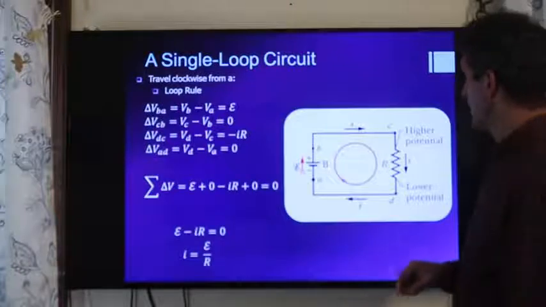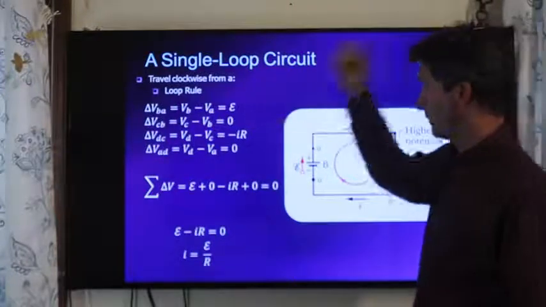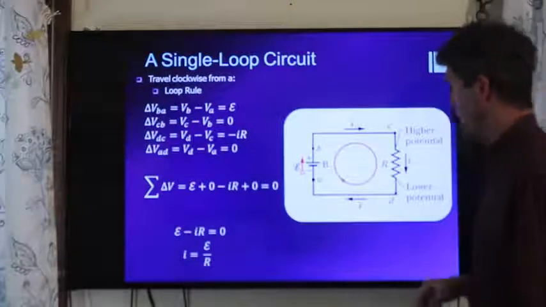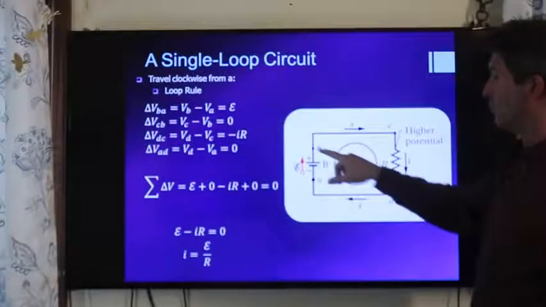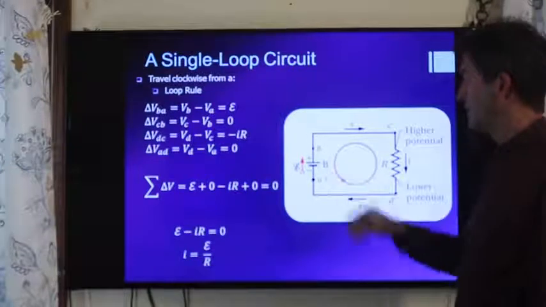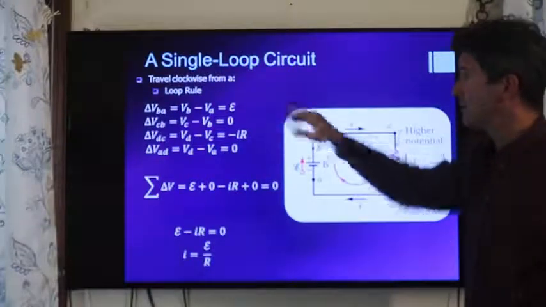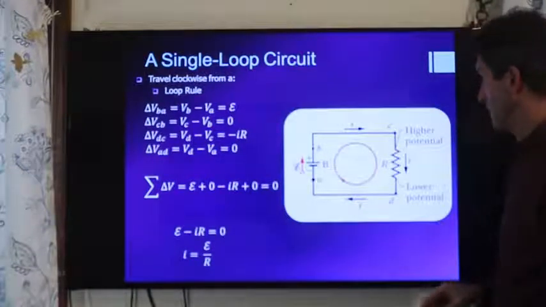If I'm going from A to B, that's a little bit backwards. So our change, final minus initial, we're going with the current. The EMF is pointing in the same direction. It's going to be positive right here.